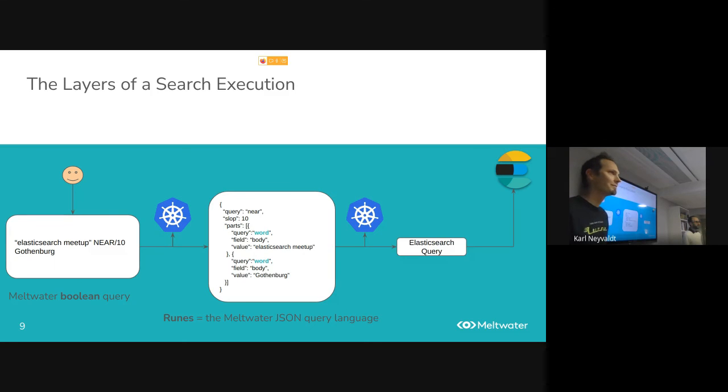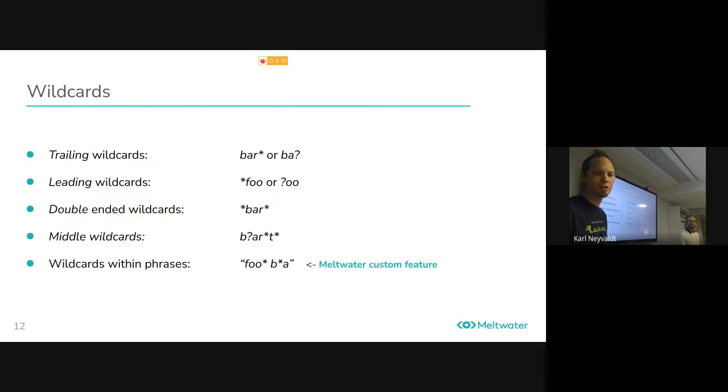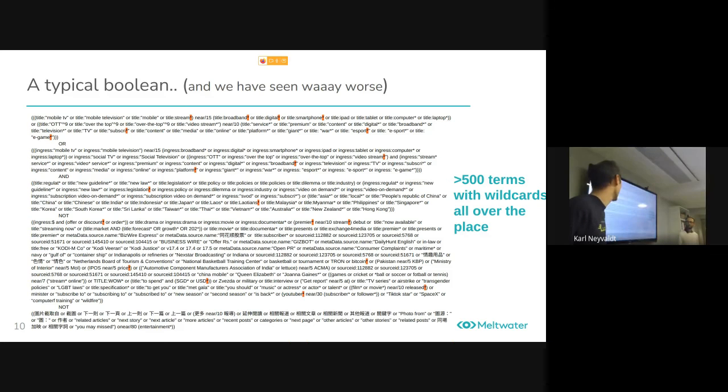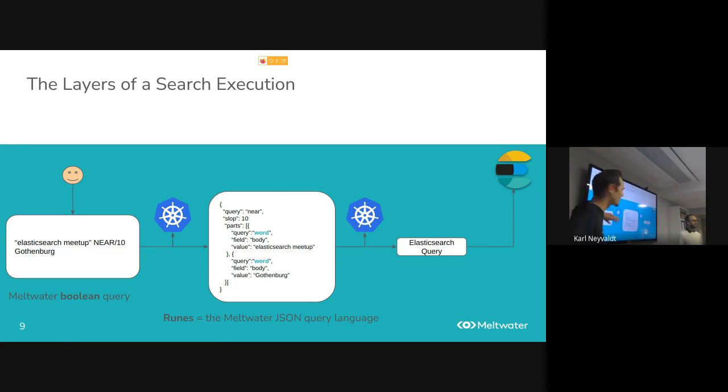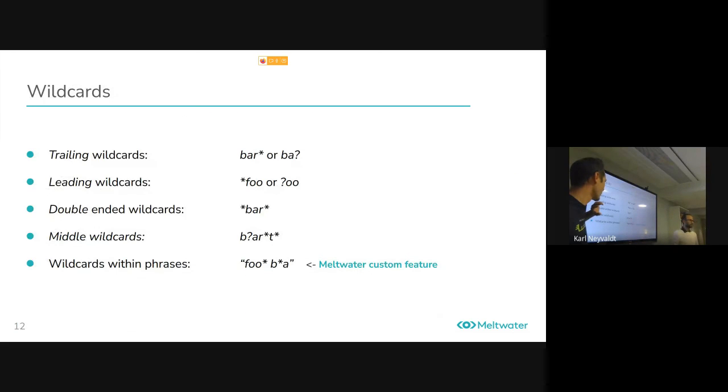So that's only supporting the word search, not a phrase search. So the phrase search, everything is going through that, including the phrase. The phrases we do support in the Runes language. It's just that in this example it doesn't exist. But the Runes language does have support for phrases, or wildcards and phrases.